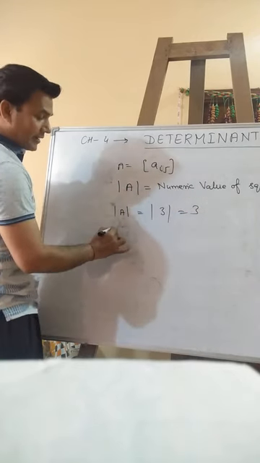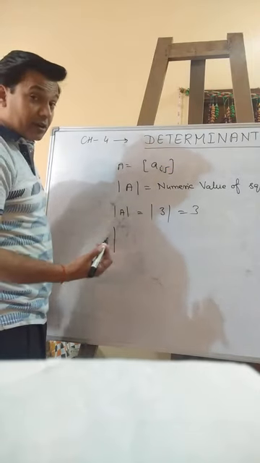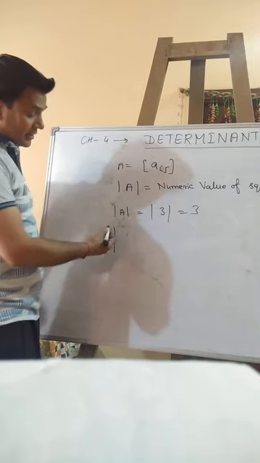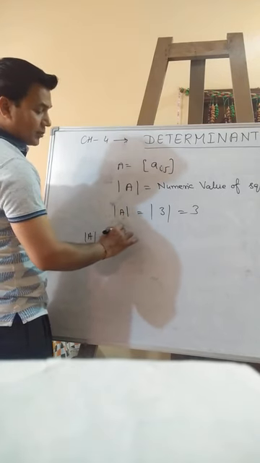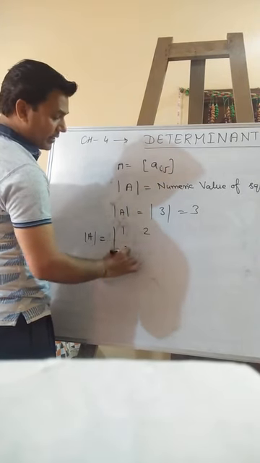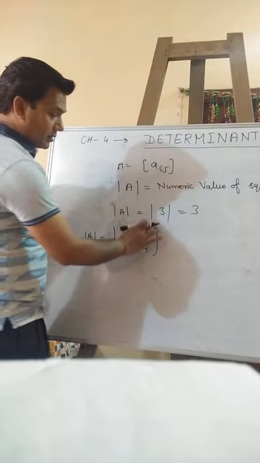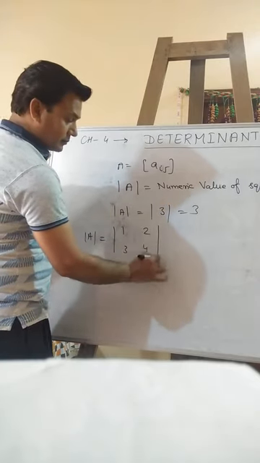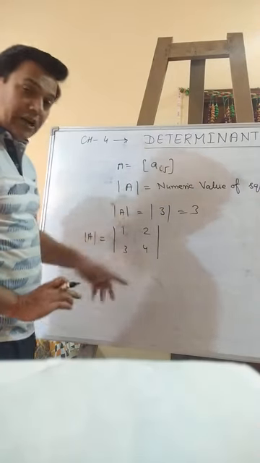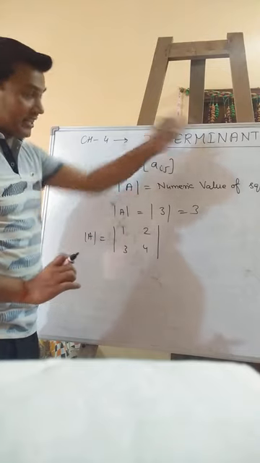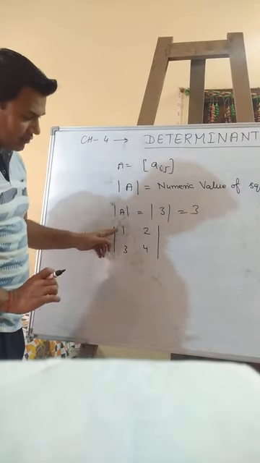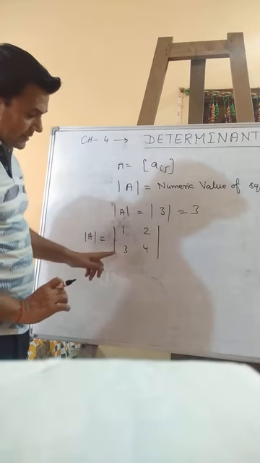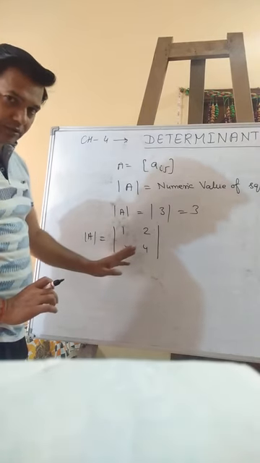Now we are taking an example of a 2 by 2 square matrix. The determinant of that matrix is like this. Suppose we have 1, 2, 3 and 4. This is the modulus sign to represent determinants. So there are 4 elements here. In the first row we have 1 and 2, in the second row we have 3 and 4.